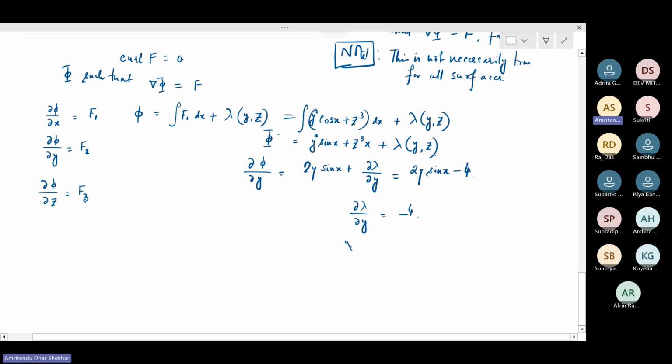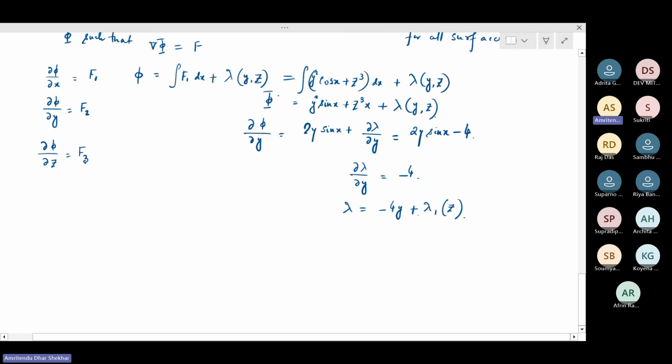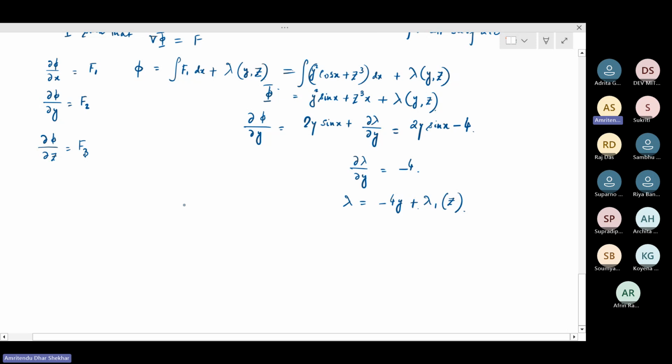So you can solve for lambda, and lambda is equal to minus 4y plus some function of z. Let's call that lambda 1 of z, which has to be determined. Now you do del phi upon del z.